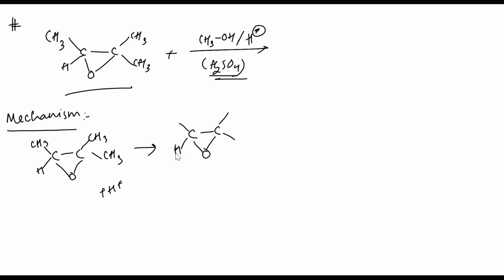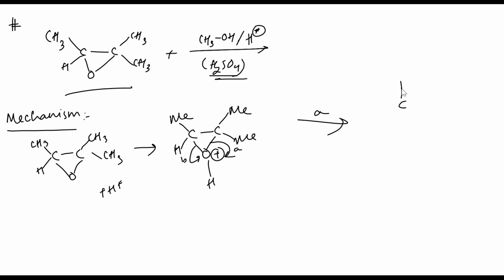Okay. In the next step, there will be attack of nucleophile. In the next step, there will be formation of carbocation. Okay. There are two possibilities. This will break in this way, step A, or this will break in this way, step B. In step A, there will be formation of C with this methyl group, hydrogen, OH, single bond C, methyl.